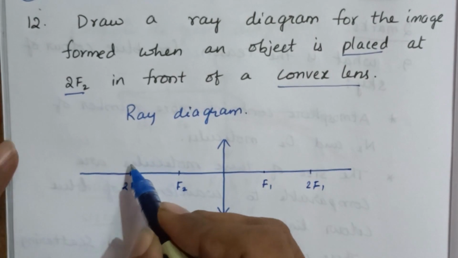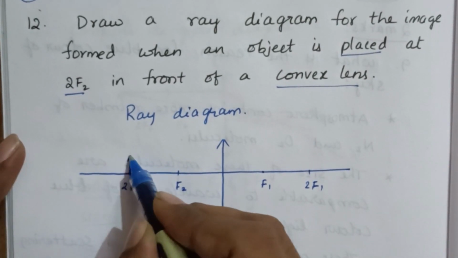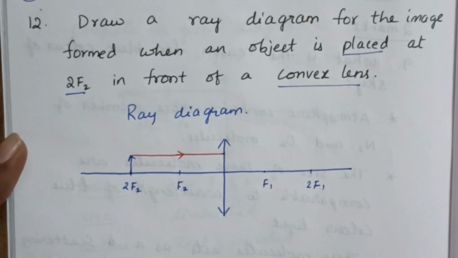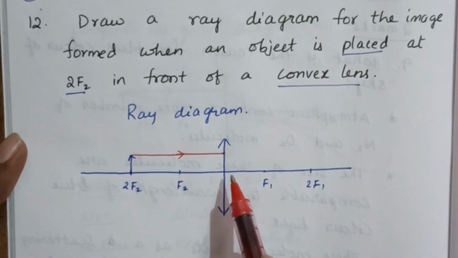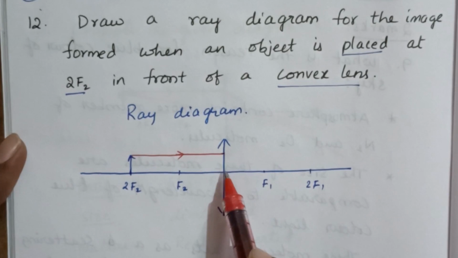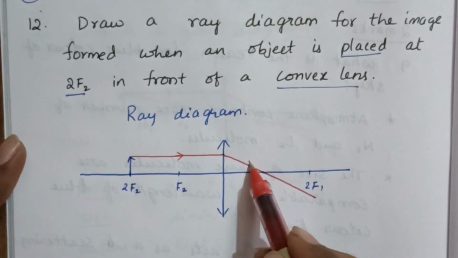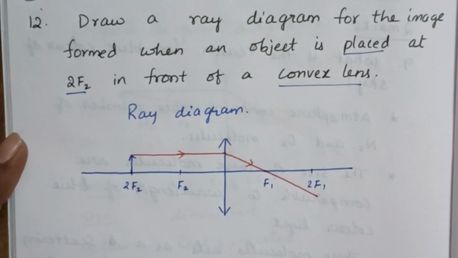Now here one object is placed. We know the rules to draw ray diagrams. If a ray passes parallel to the principal axis, after refraction, it passes through the focus.